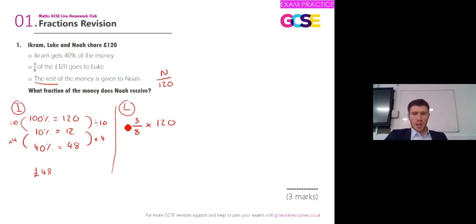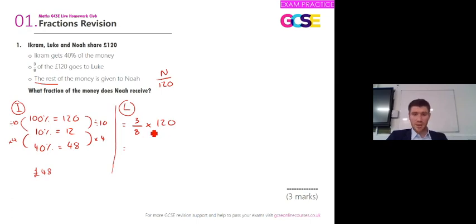Okay. In this particular question, it could be a calculator question. It could also not be. There's several ways of doing this. For me, 120 divided by 8. You could do 120 divided by 4, and then 1/8 would be half of that again. So that's quite easy. 120 divided by 8 is 15.